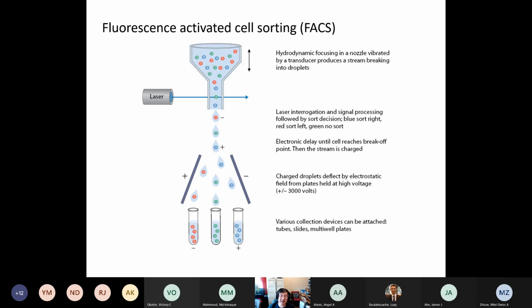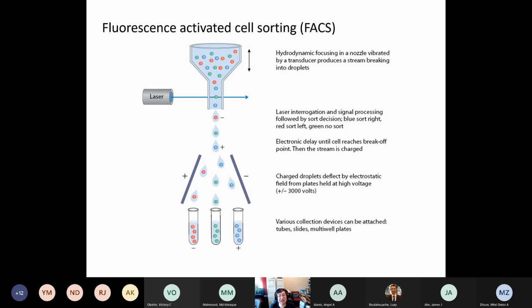And then based on that information, in the next step, the equipment can apply a high voltage to those cells. Like the red cell, they give a different voltage. To the green cell, they give a different voltage, maybe even the direction of the electric field. So those particles, the cells in a droplet, will bear different charges.